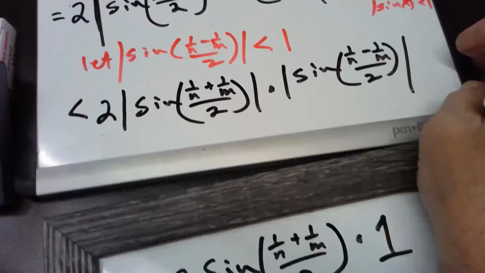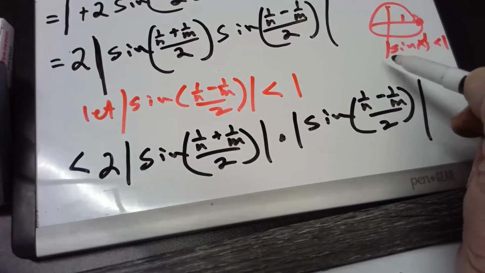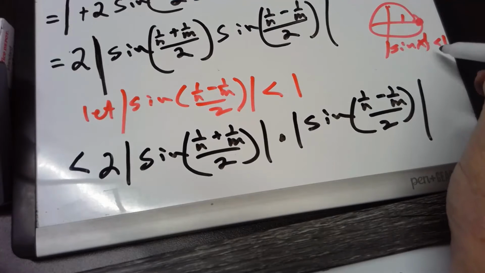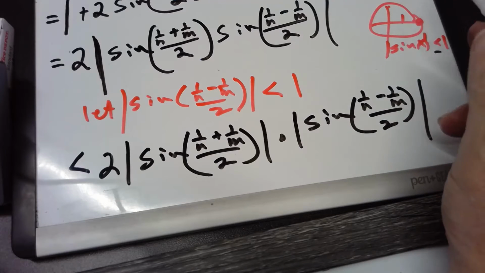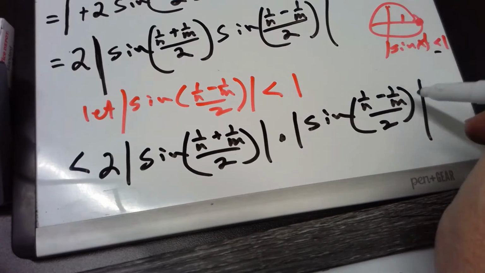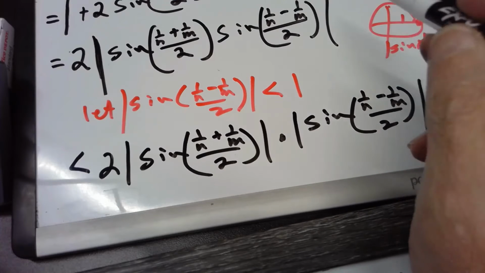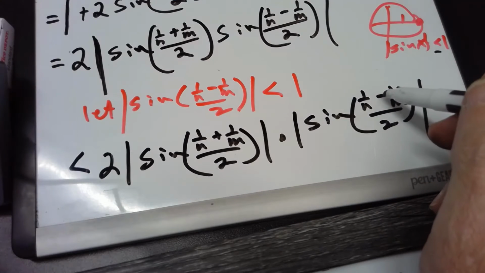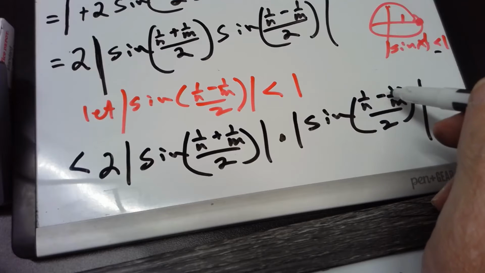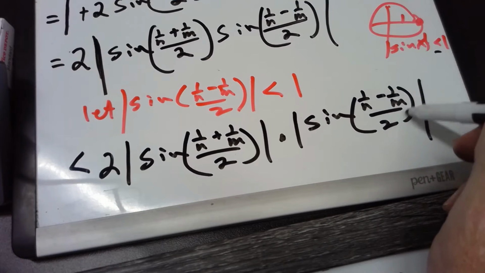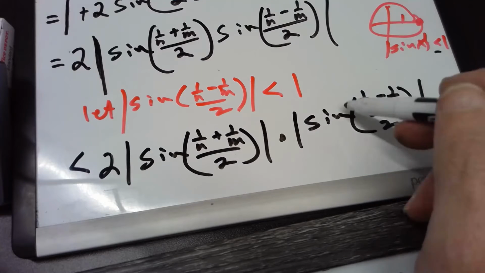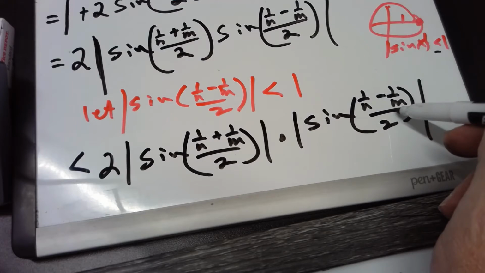Okay, so again, since sine is less than or equal to 1, then this sine of 1 over n minus 1 over m is less than 1. So this is going to be less than 1 as well.